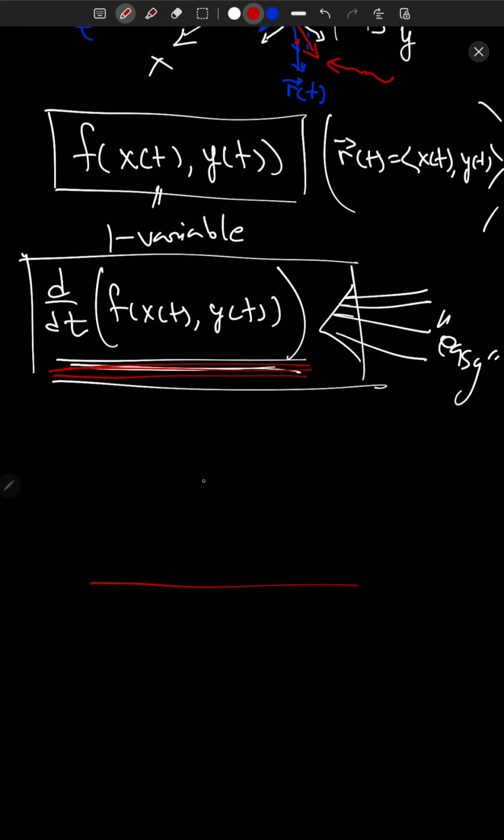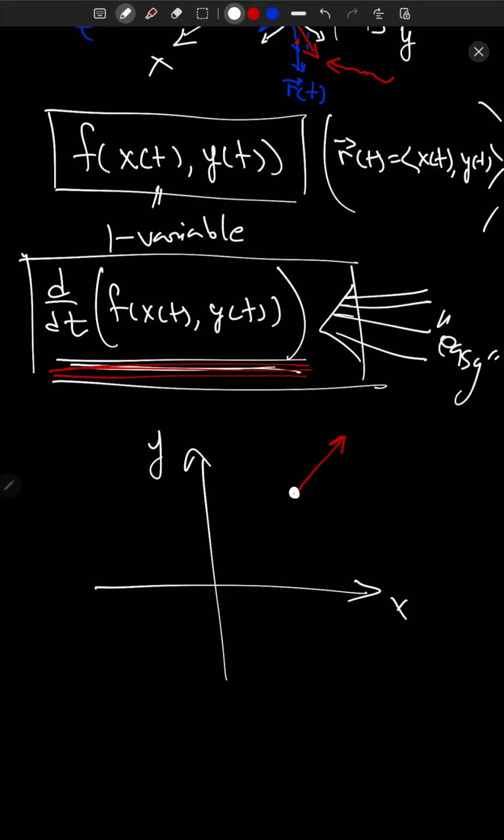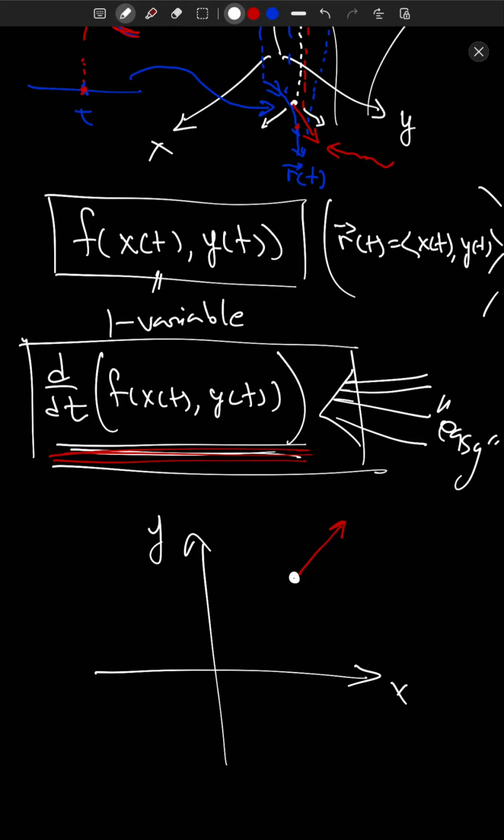So, for example, let me just draw the domain of our function, right? And let's say here's our point of interest. We want to know how f is changing as it moves in that direction in the domain. In our discussion, I said we could take a curve whose velocity vector is exactly this red vector that we're looking for.